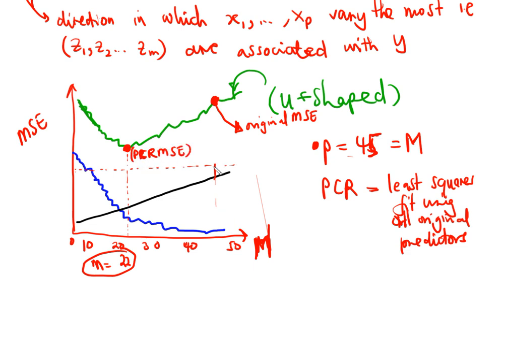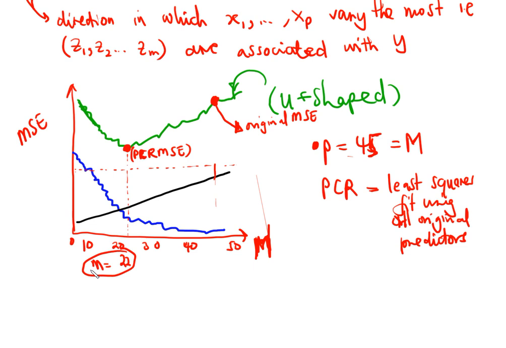You can see, originally we had 45 predictors. If we do our PCR using M equal to 45, all of the predictors, we'll get this original MSE. But this graph shows us that you can actually lower your MSE even further if you reduce your dimensions. That is the power of dimension reduction.